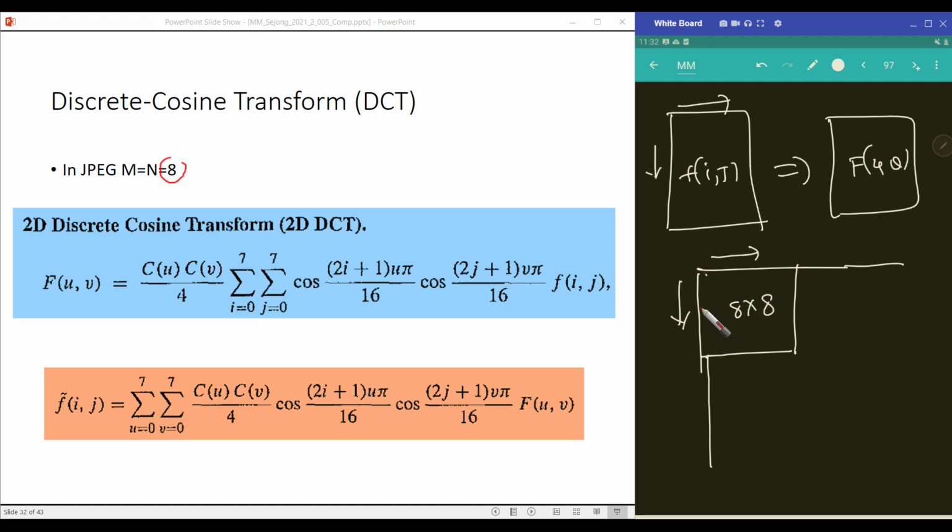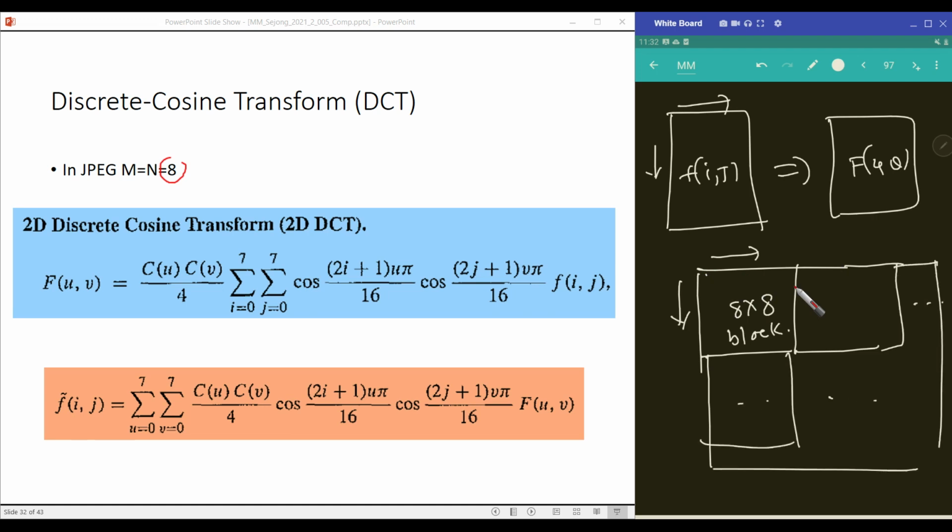So this is rows and this is columns. We can sometimes say this is an 8 by 8 block. And then we'll consider another 8 by 8 block, and then another, until our image finishes. So if our image is large, we convert the entire image just by transforming each 8 by 8 block, and we perform the DCT by following this.